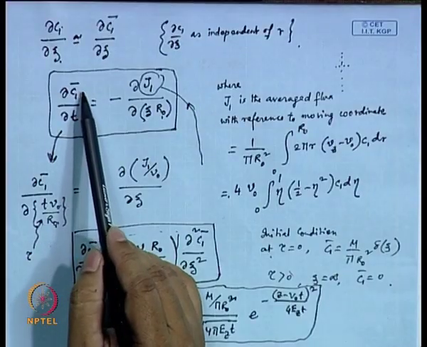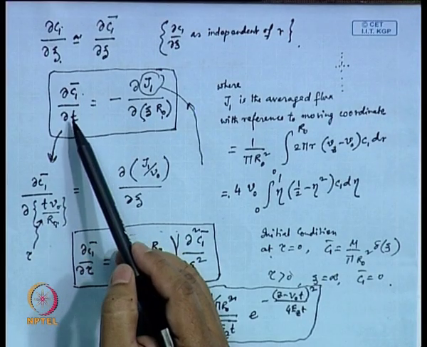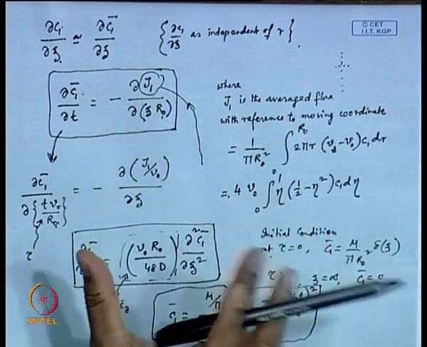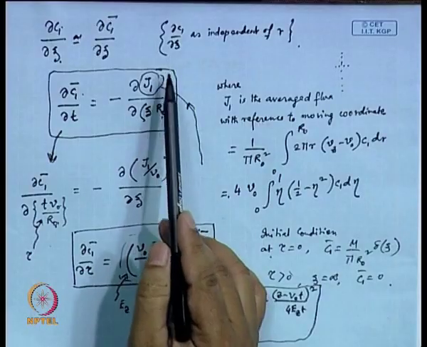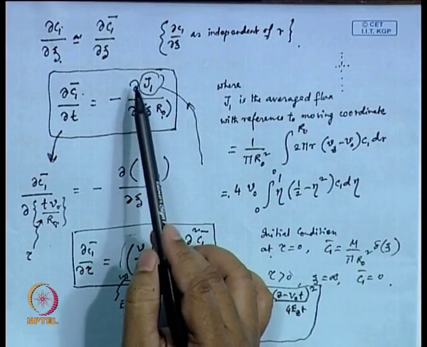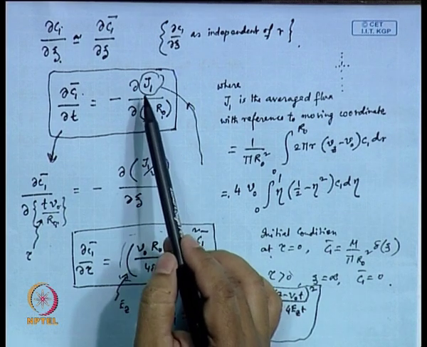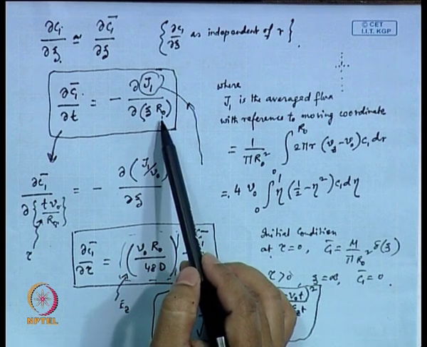You have already incorporated whatever you were supposed to do in the radial direction, and now you are talking about the average concentration over the entire cross section. That is changing with time because there is convective flux in the axial direction, that means in the z direction, and that is expressed here as del J1 del zeta R0.